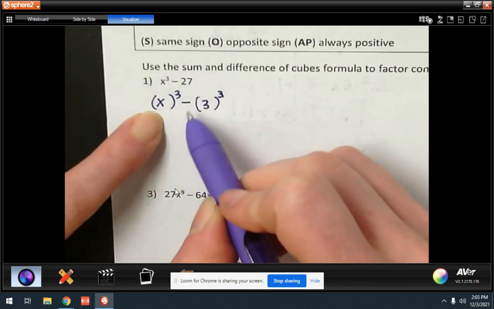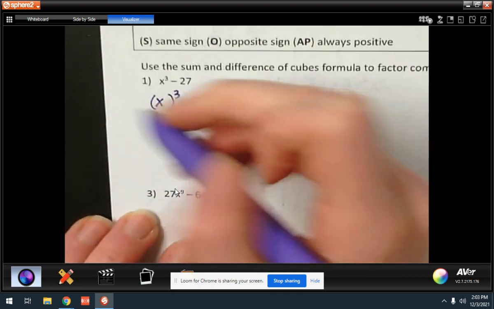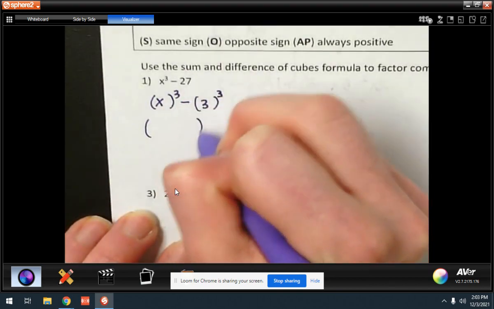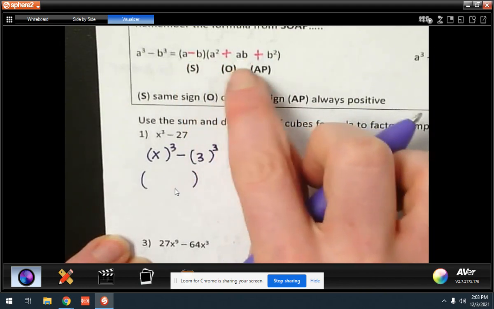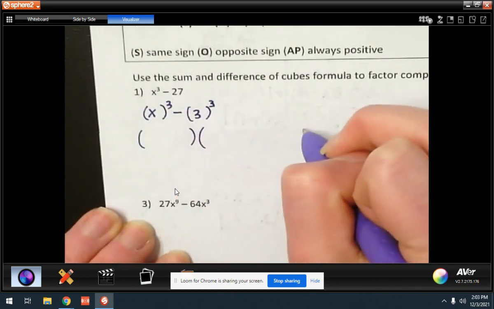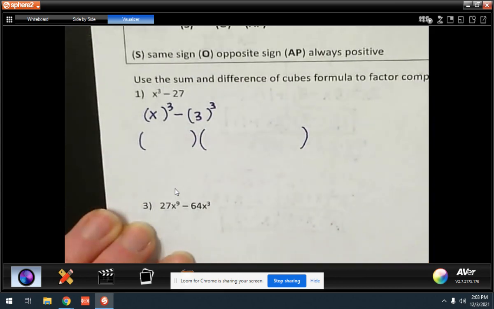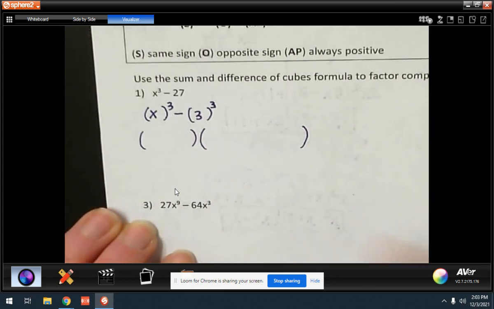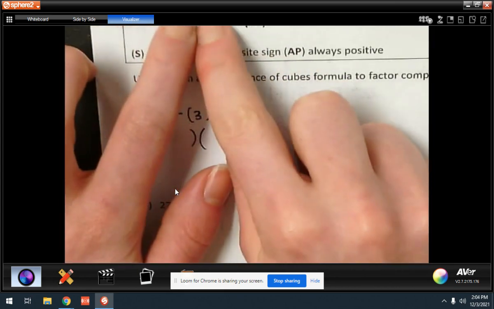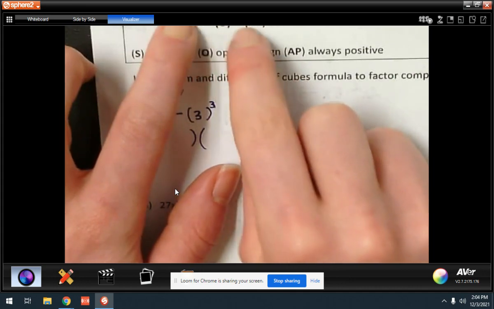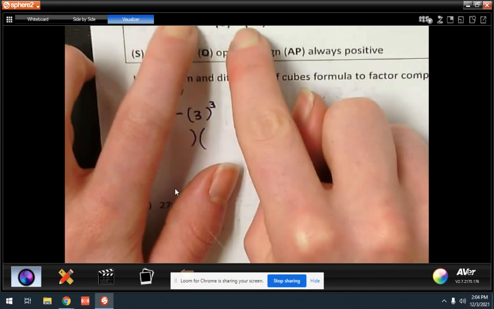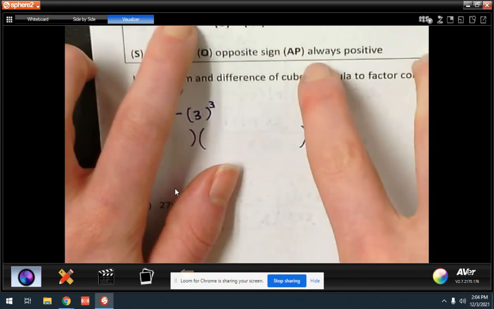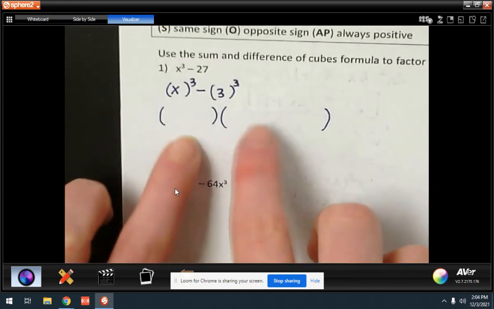After I rewrite the problem, I do one small set of parentheses for the linear factor. You're going to have a linear followed by a quadratic. And then I do a bigger set of parentheses for the quadratic. You're always going to be left with a linear and a quadratic that's not factorable. It's going to look like you can factor this quadratic, but it won't be factorable. That's why a lot of people love this method, because you're done at this step.